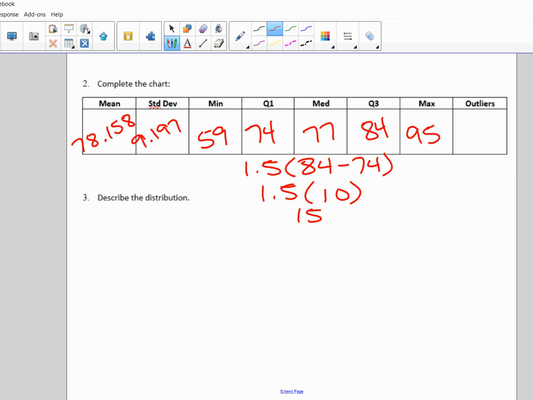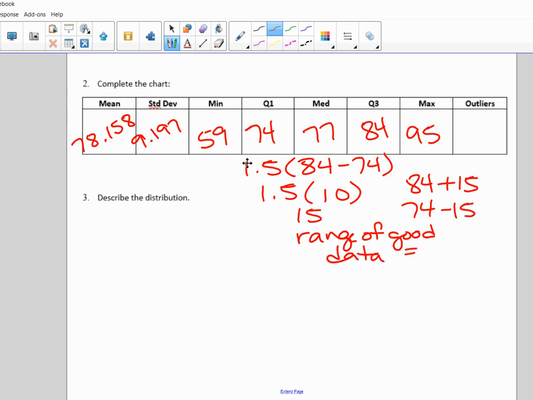And then I'm going to add that, so add 15 to Q3, so 84 plus 15, and subtract it from Q1, right? So my range of good data goes from, that'll be what, 59 to 99, right? Okay, so my range of good data goes from 59 to 99.